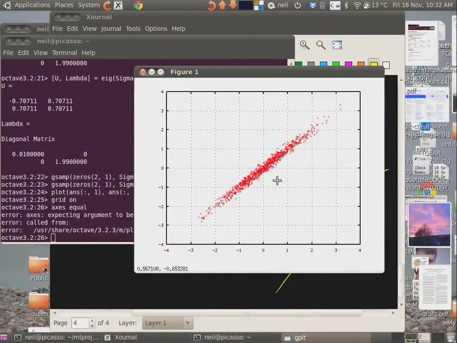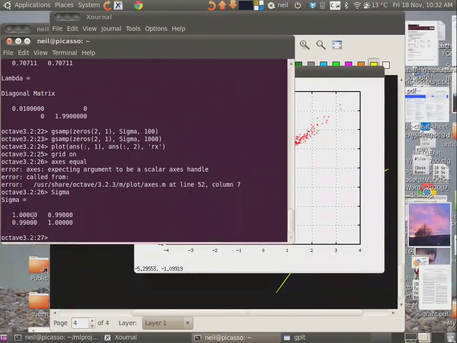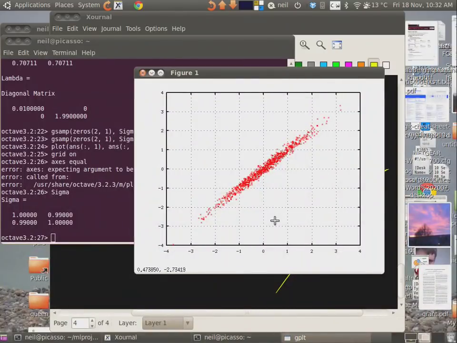Now the interesting thing is the marginal variances of this thing are 1. If we look at sigma again, the marginal variance of each direction is just 1. So if you were to just project this down and look at a one-dimensional distribution, let's do that.